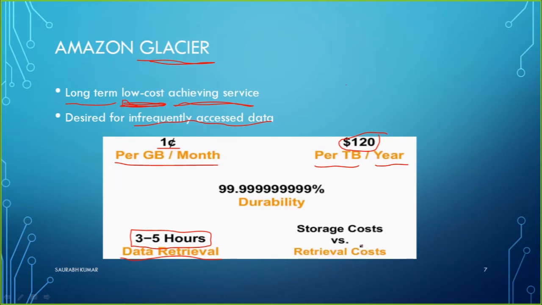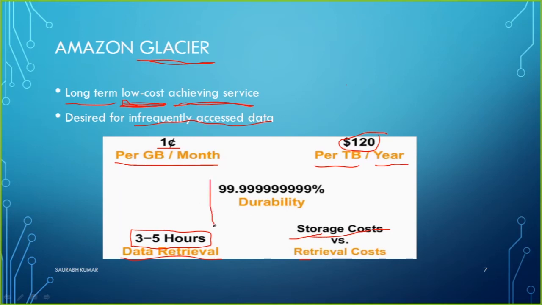Then it is giving a retrieval cost only, compared with the storage cost. The cost actually depends on the retrieval, how many times you retrieve the data, you get the data from there. On the basis of that you will be charged, not on the basis of storage, which is applicable for S3.